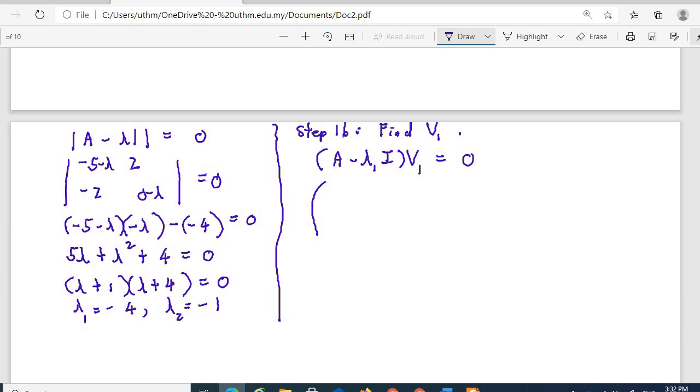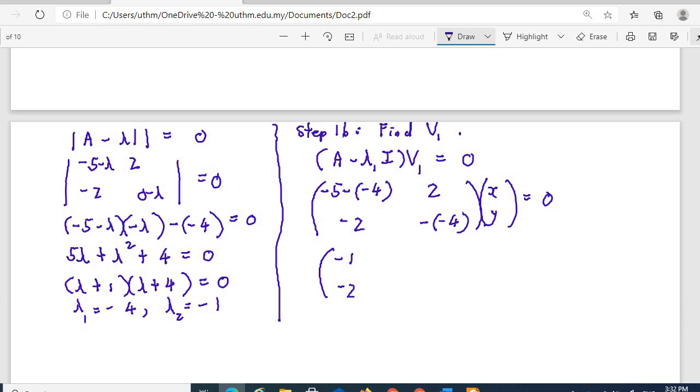Then you have here negative 5 minus negative 4, this is 2, negative 2, and 0 minus lambda. V1, let it equal to x and y. Simplify it: negative 5 plus 4, you have negative 1, this negative 2, this is positive 4. Then xy equal to 0.